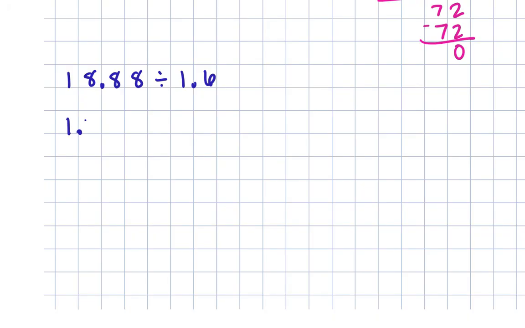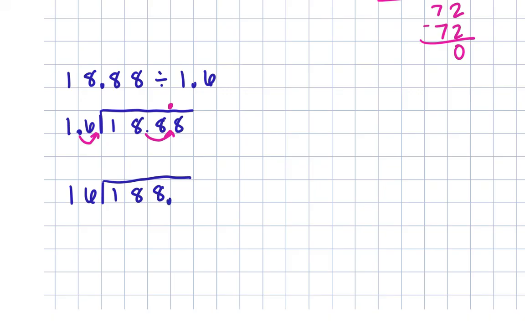So really this is on the outside. I can't have a decimal in the divisor, so I gotta move it once. So I slide here once, and raise the roof. So my new problem is gonna look like this.